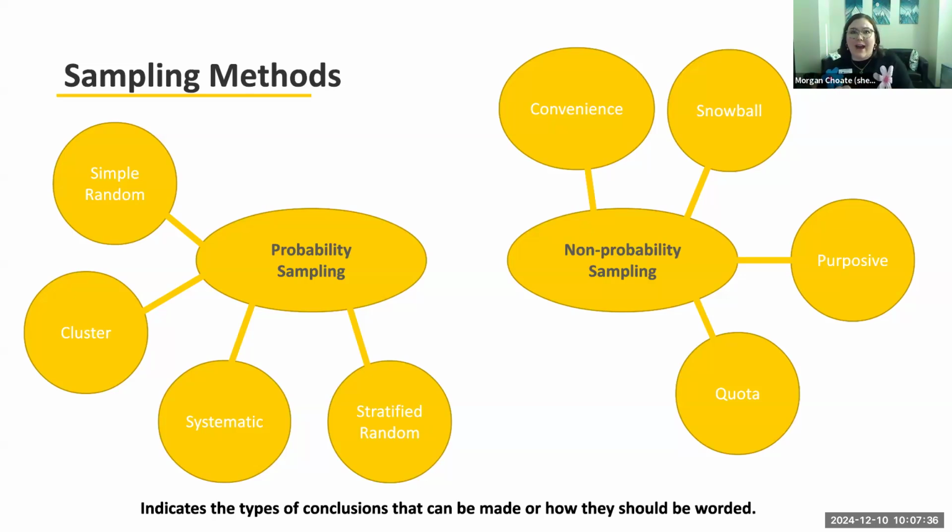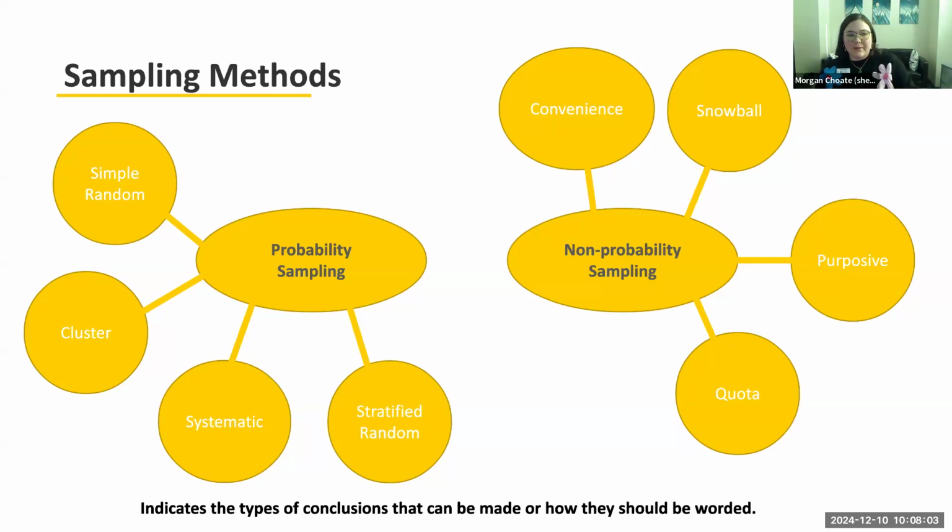So if you have a bag of M&Ms, is every single M&M equally likely to be included in the handful that you grab out of it? Or are the ones at the top more likely to be chosen? Or do you find that subconsciously your hand is gravitating towards the green ones because your favorite color is green? That determines the difference between probability and non-probability.